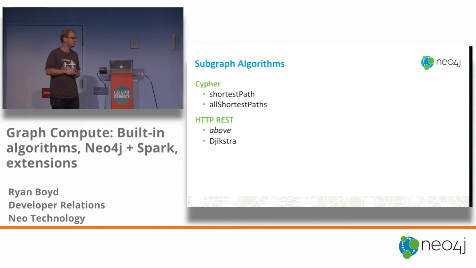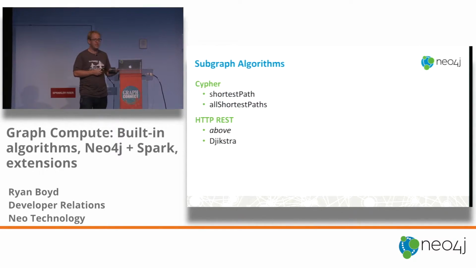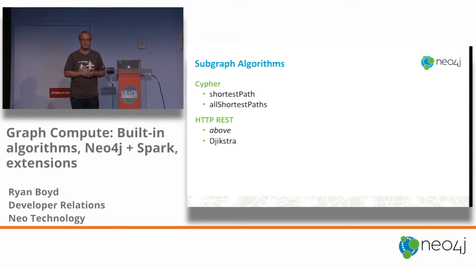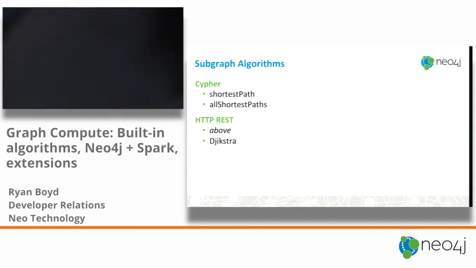Okay, a handful of folks. You can also do the shortest path algorithms from a REST call. There's a Dijkstra algorithm that is available via REST call, but not via Cypher currently. Obviously, I hope to push the things that are only available via REST calls into Cypher as well, because Cypher is where the future is at.